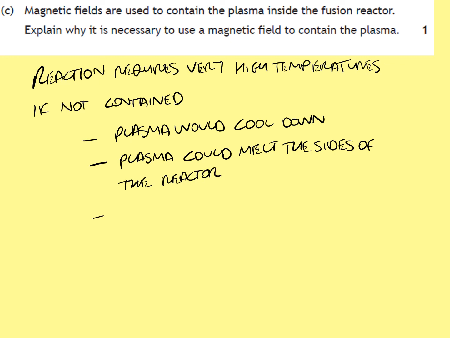Or we could say the high temperatures could damage the container. Okay, so any of those would be accepted, but specifically we need to mention that the reaction requires very high temperatures, and these temperatures need to be contained.